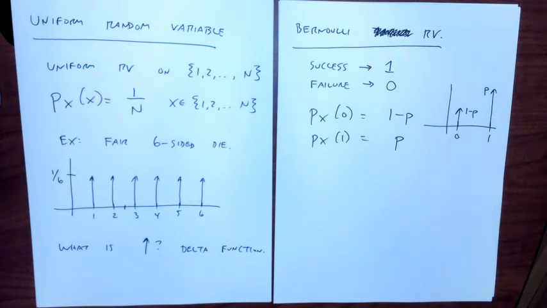Okay, and then we talked about some things that we could extract from the Bernoulli random variable, right? So we talked about what happens if I do a whole bunch of independent experiments and I add up the results, for example. That would be what we call a binomial random variable.